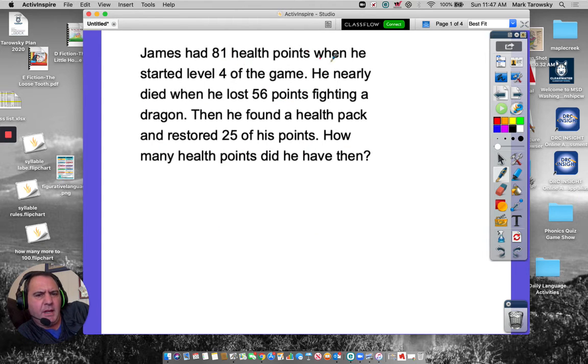James had 81 health points when he started level 4 of the game. He nearly died when he lost 56 points fighting a dragon. Then he found a health pack and restored 25 points. How many points did he have then? Okay, let's think. He started with 81 health points. He almost died when he lost 56. Yikes.